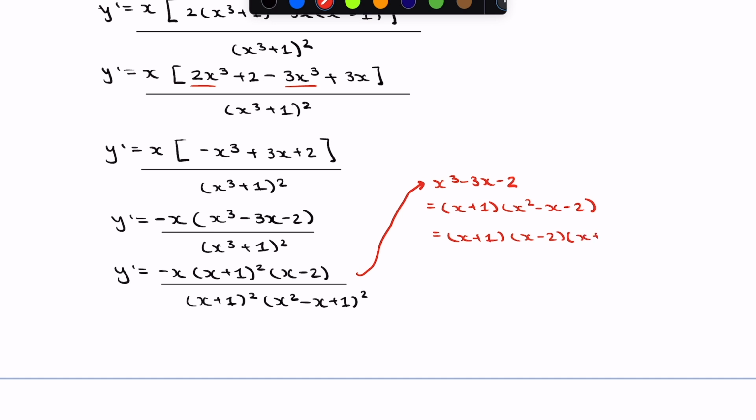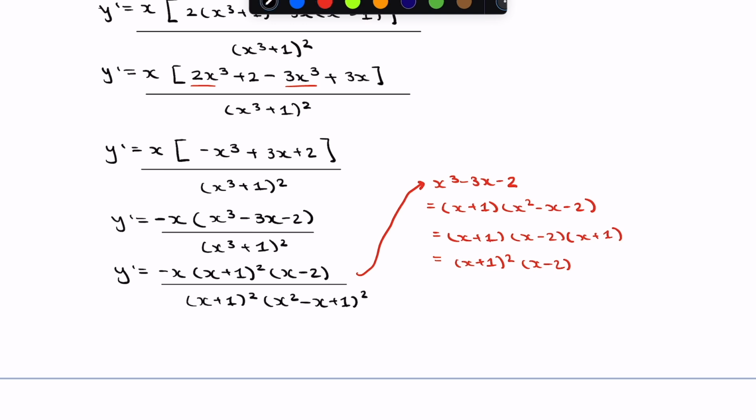So we can rewrite that as x plus 1 squared times x minus 2. So that's how we factored x cubed minus 3x minus 2, and that's what's in the numerator there, along with the negative x that was multiplied on the outside.